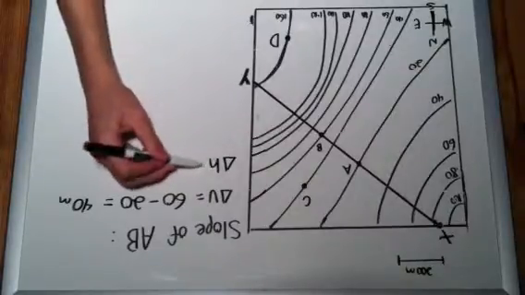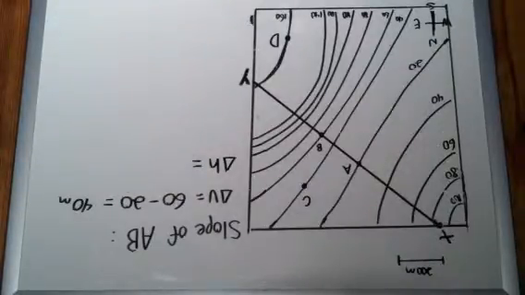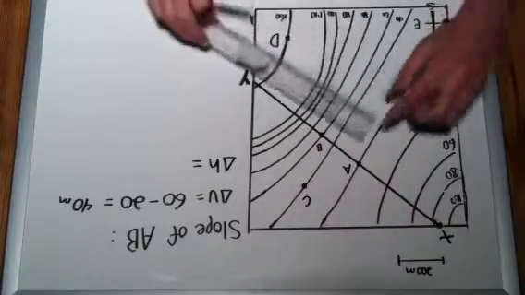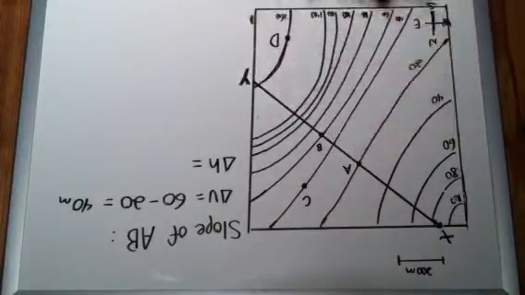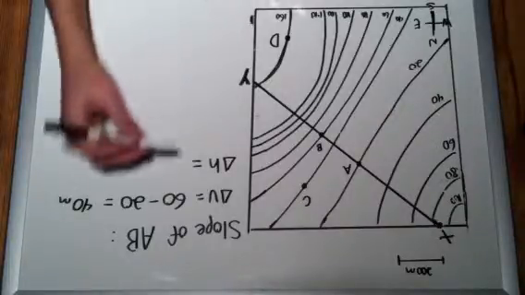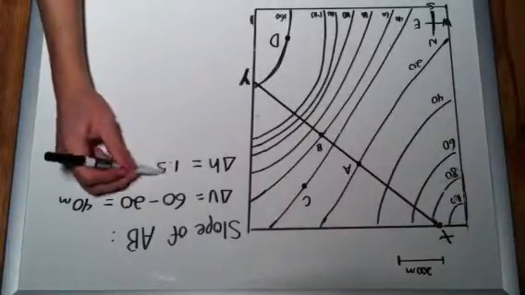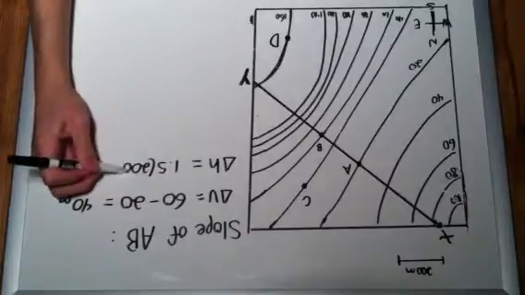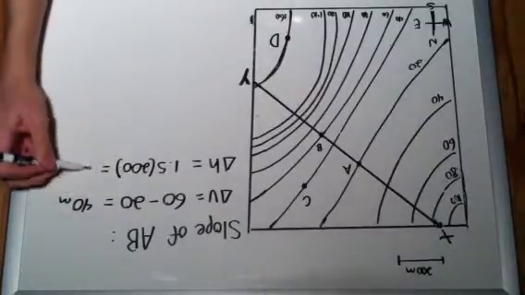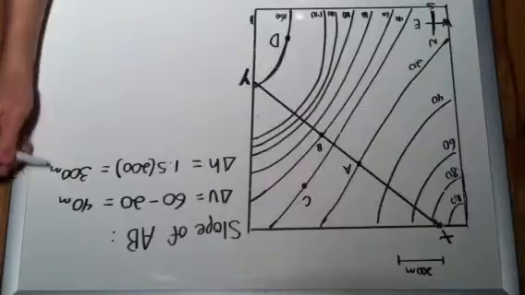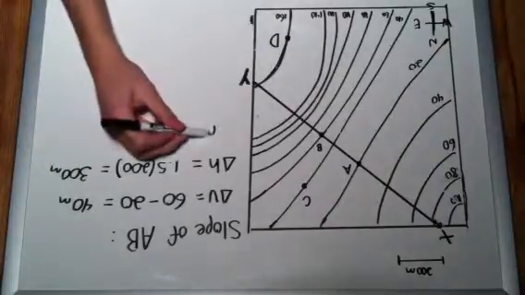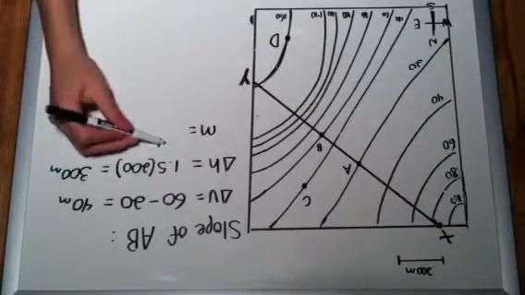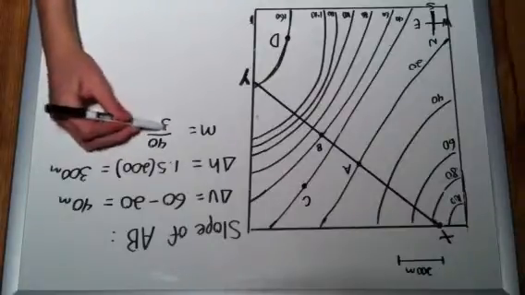And then our horizontal difference is going to be about 2.5 inches, so about 1.5 times 200, which, simple mental math, is about 300 meters. So our slope now is 40 over 300.